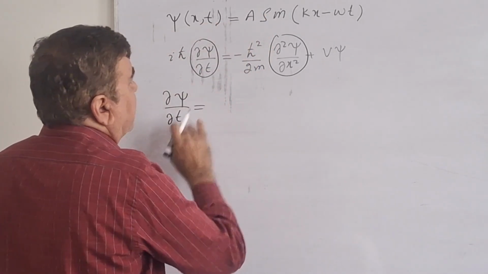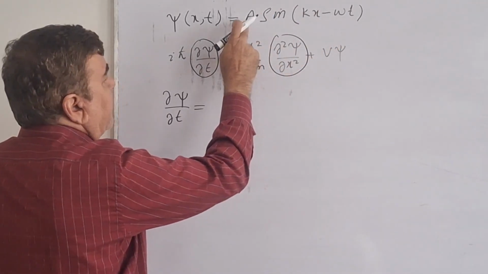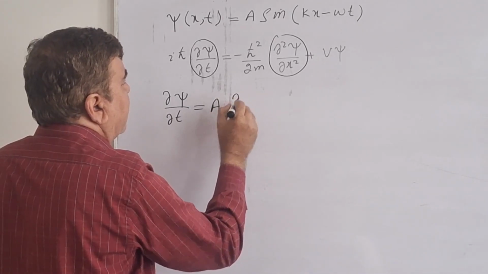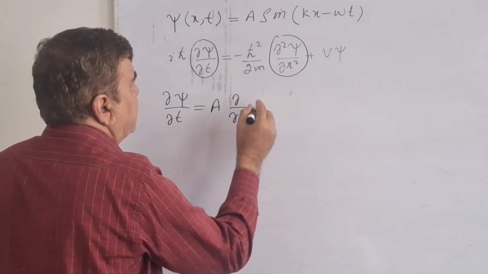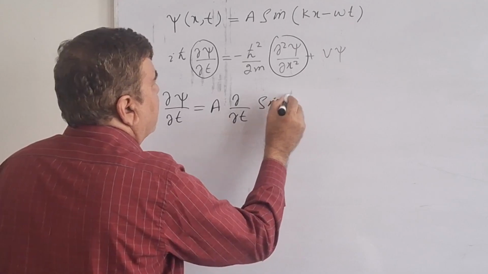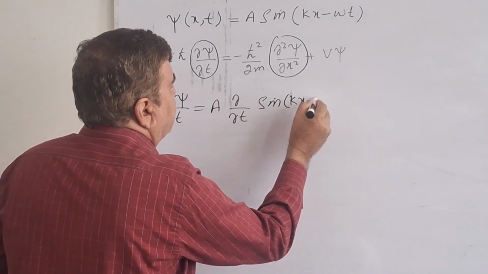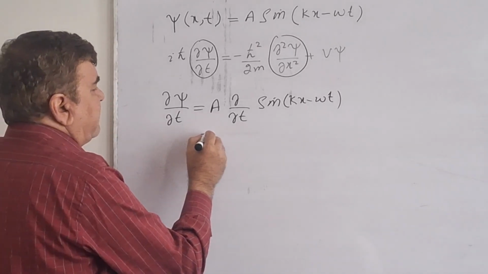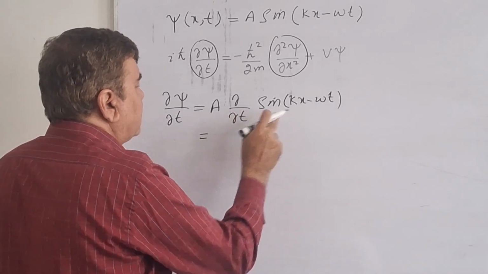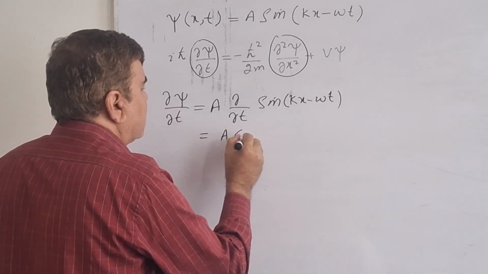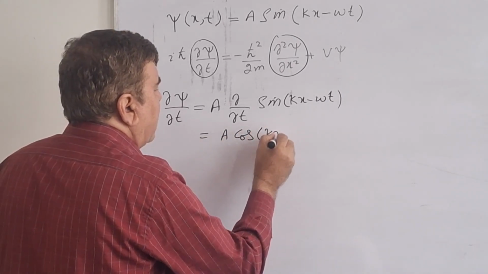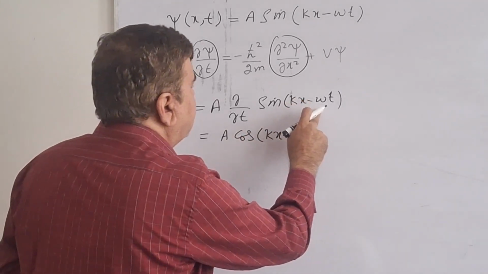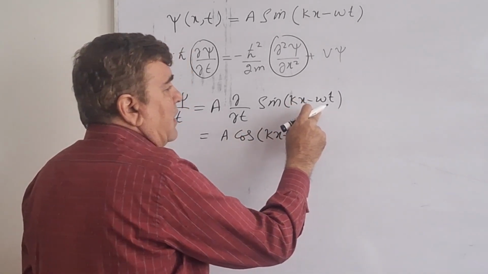This means I would need to differentiate this side, and we see that a is a constant, so I can take the constant to this side and write this as partial over partial t of sine of kx minus omega t. Now we know that the derivative of sine is cos, so I write cos of kx minus omega t, and then using the chain rule I need to differentiate this argument.